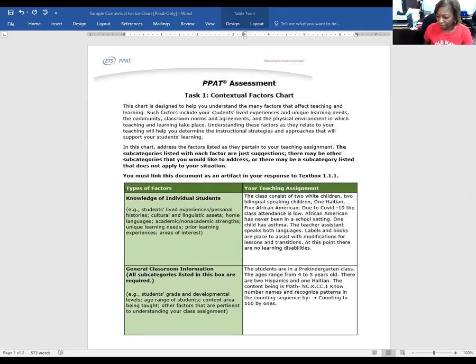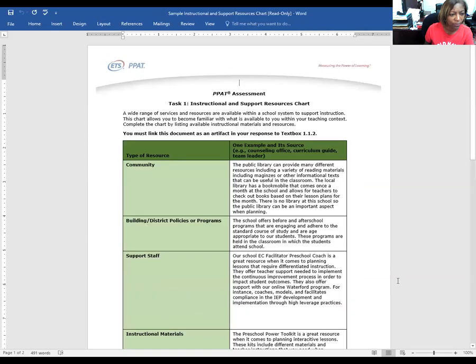The next chart that we need to look at is the instructional and support resources chart. It says Task 1: a wide range of services and resources are available within a school system to support instruction.